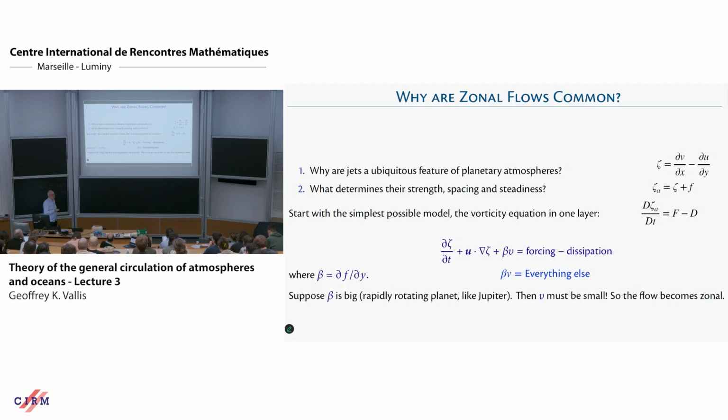And suppose we have a simulation and we've got some steady state, we have some forcing and dissipation, and we integrate this equation numerically. And then we decide in our numerical simulation we're going to turn up the value of beta. We have a little dial on our computer, we turn it up. We keep everything else the same. So we can write that term, beta v, as just everything else. And it has to balance. This is an equation.